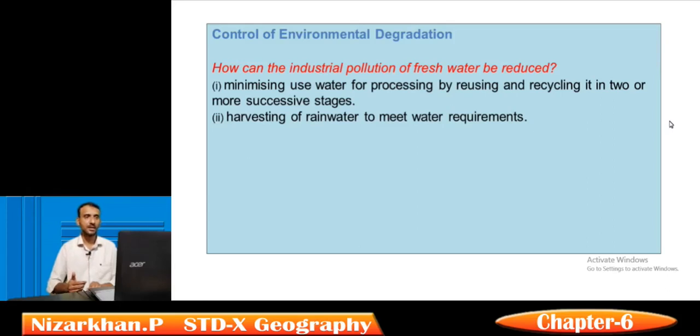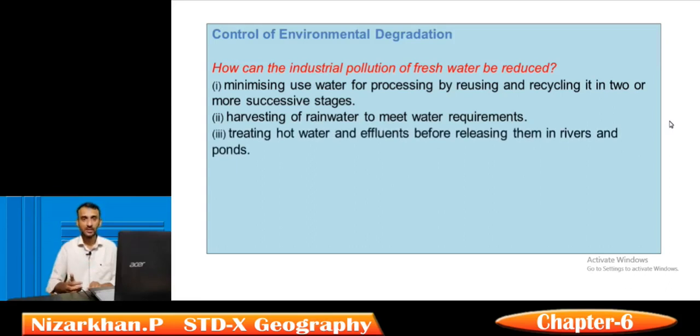And by treating hot water and effluents scientifically before releasing them into rivers and ponds. This is the way we can reduce the industrial pollution of fresh water.